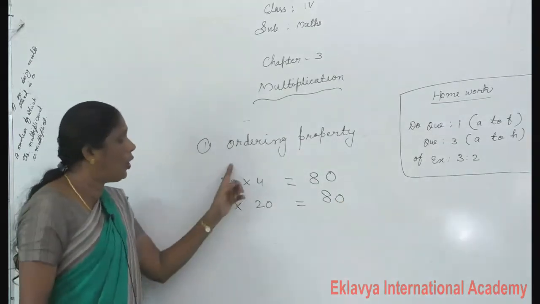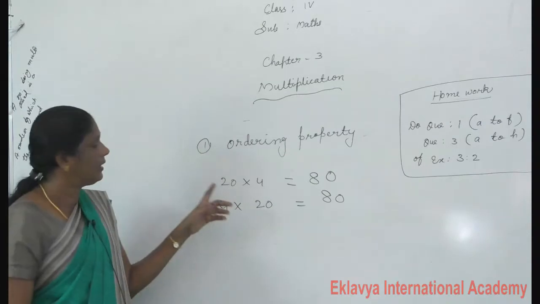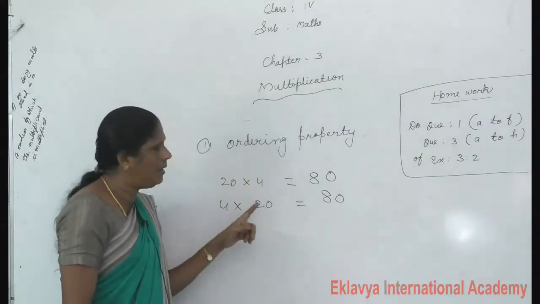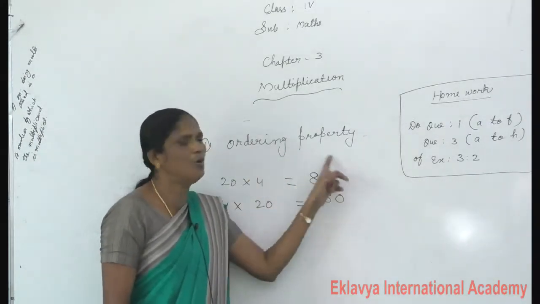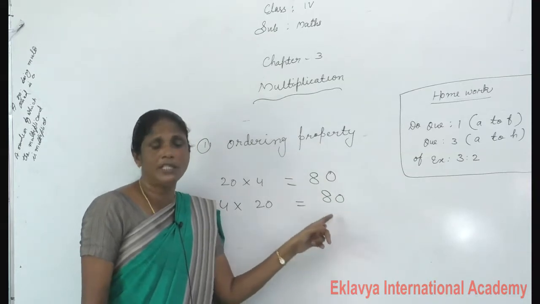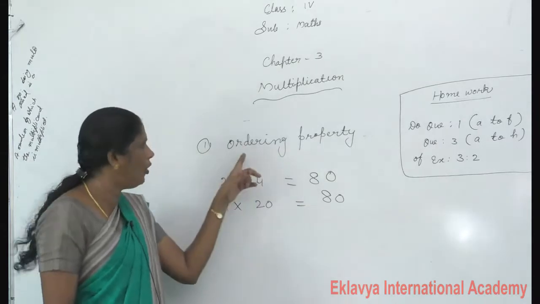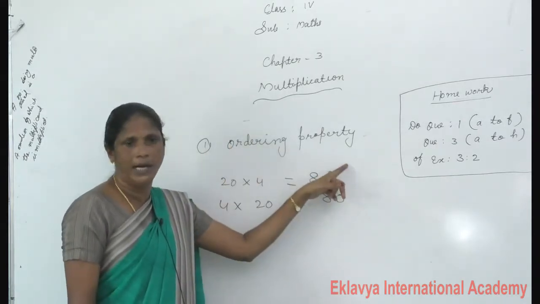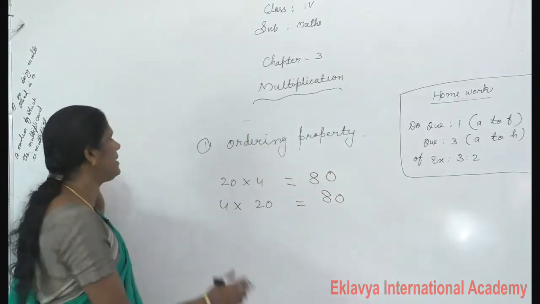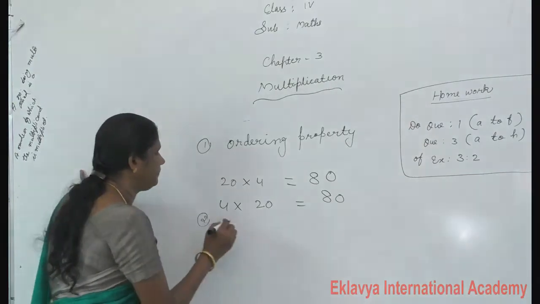Here the order is changed, but the result is not changed. This property is called which property? Ordering property. Understand?